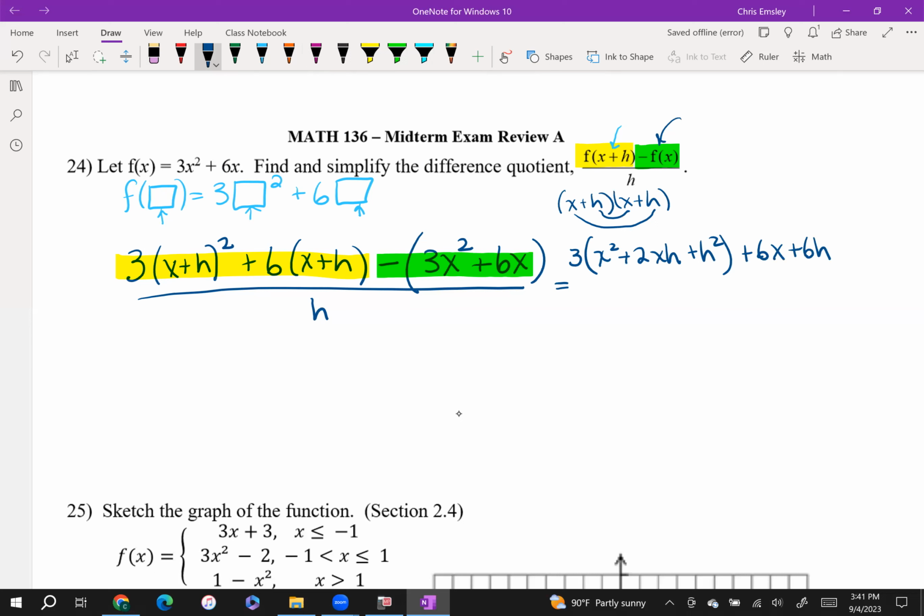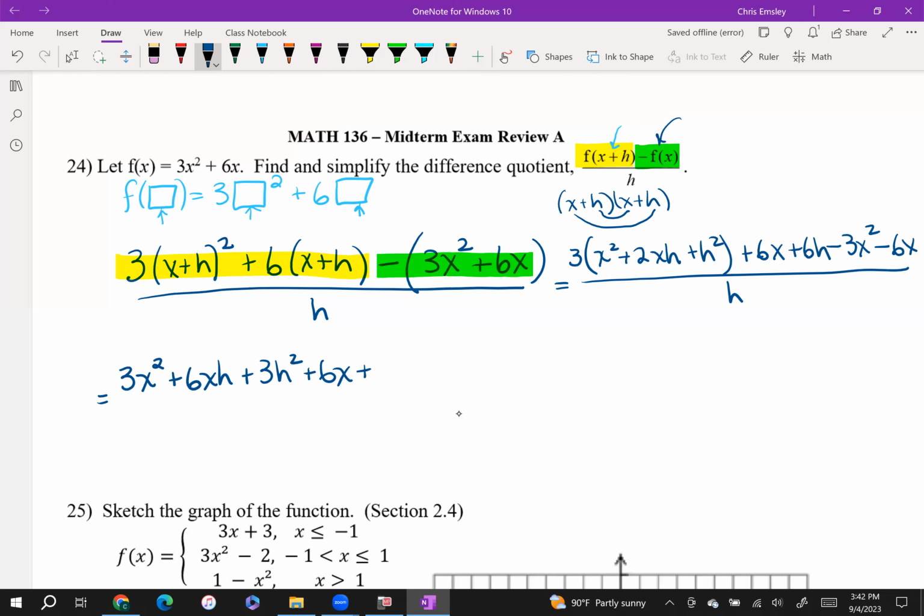And then we'll also distribute that negative sign because we need to make sure we're subtracting every term. Whole thing gets divided by h. And then next up, we're going to distribute that 3 in the front. Lots of terms here. I know it's a lot to write out, but just bear with me. The rest of it, I'm not changing at all. I'm just copying it down again. Whole thing divided by h.